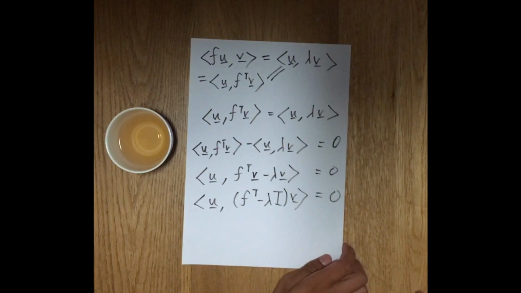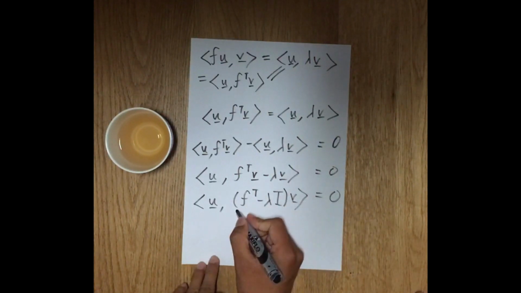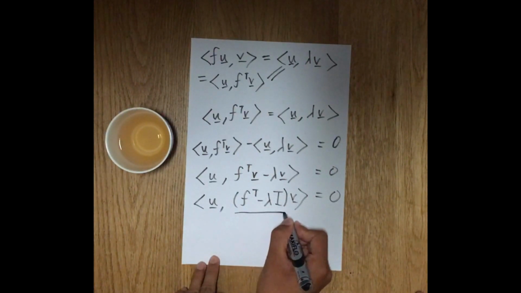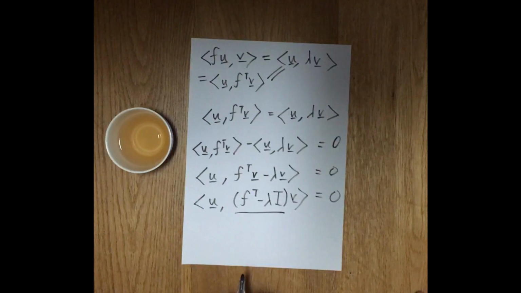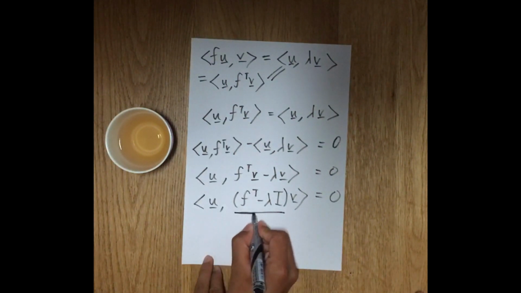So we need to show that the kernel of F transpose minus lambda I contains a non-zero vector. And the way we could do that is by showing that there is something in the vector space that the second expression cannot hit.